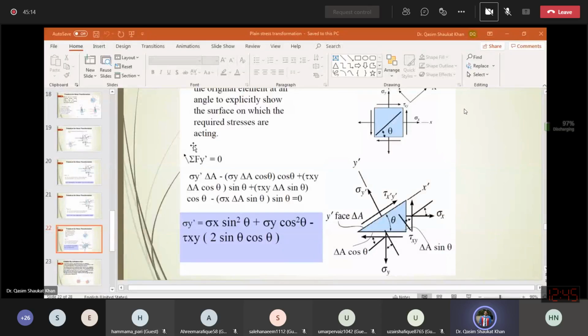Your transformed normal stress about the y-axis is again a function of sigma x, sigma y, tau xy and theta. So I will put any value of theta and I will get the transformed normal and shear stresses about that axis. Is this point clear?